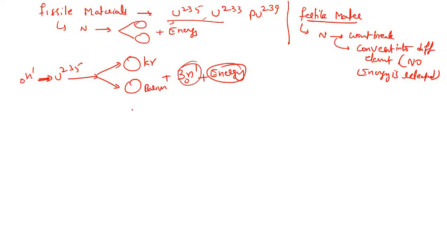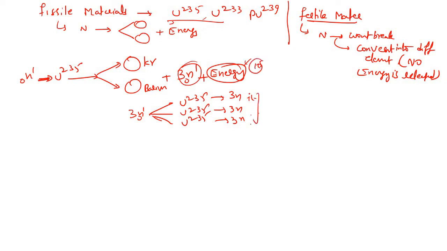These 3 fast moving neutrons will attack 3 more uranium 235 atoms in the next stage and release 3 neutrons plus energy each. Here only one energy was released, here 3 times energy is released, and next time these 3 will release 9 neutrons plus 3 energy, 3 energy, 3 energy, like that. This chain reaction is increasing, and after each and every step the energy released just keeps increasing.